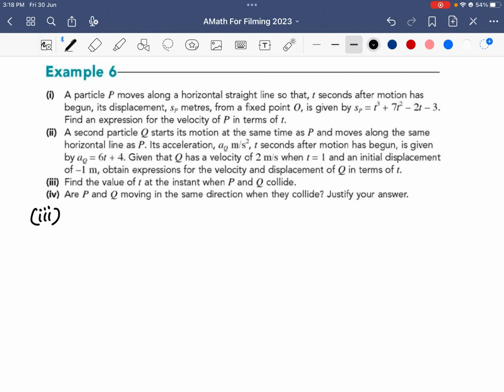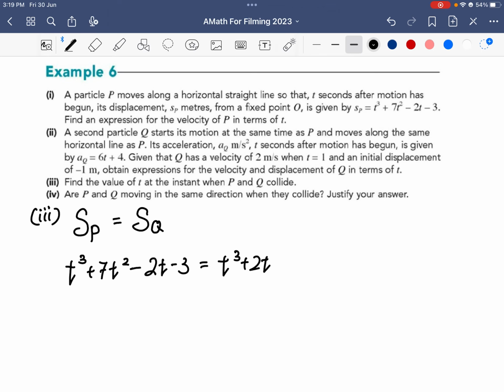In terms of kinematics, what I'm saying is that the displacement of P is equal to the displacement of Q. When they are at the same displacement, they are at the same place at the same time, and they will collide with each other. If you flip back to what we have initially, for the displacement of P, t cubed plus 7t squared minus 2t minus 3 is equal to t cubed plus 2t squared minus 5t minus 1.